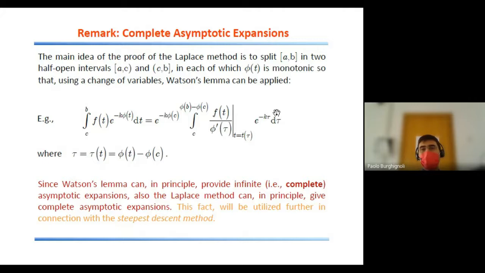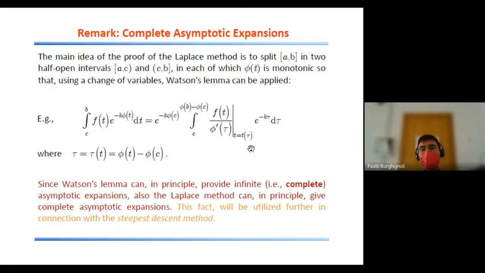And Watson's lemma can, in principle, provide you with infinite asymptotic expansions if you know the infinite asymptotic expansion of the integrand in the neighborhood of the left integration limit. By the way, the left integration limit, I guess, should be 0 in the second integral and not c. Yes, it is 0, so this is a typo.